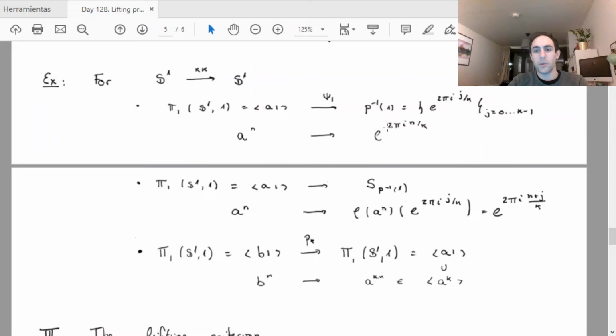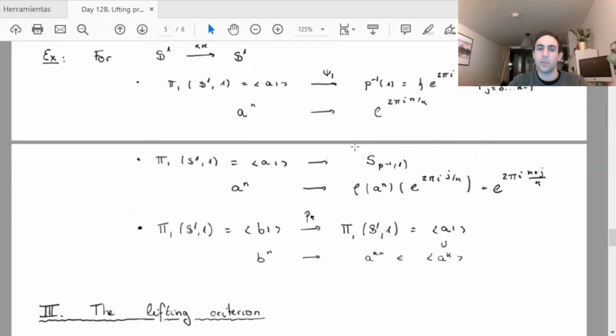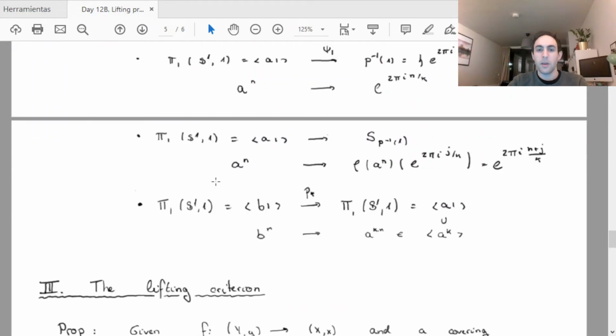You should compare this to what we did in the previous video, because it's exactly the same. Now for the permutations, it's very similar. You have all the preimages, and how does A to the n act on the kth root of unity? It just turns it by n over k.